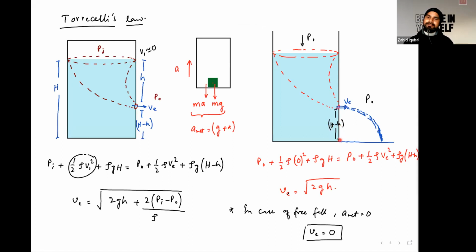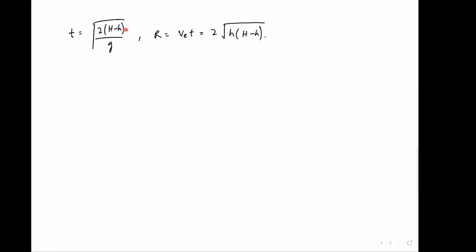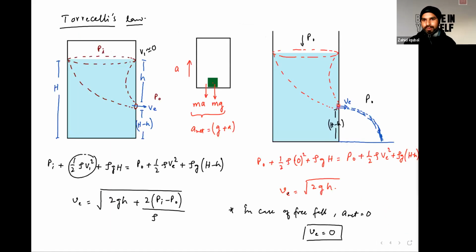Is it clear? Yes. So if you put it in this expression, time of flight will be 0, so range will be 0 in that case. But suppose you made this hole at the highest point, so small h will be 0, so velocity of ejecting liquid will be 0. So in that case also, the range of liquid will be 0.